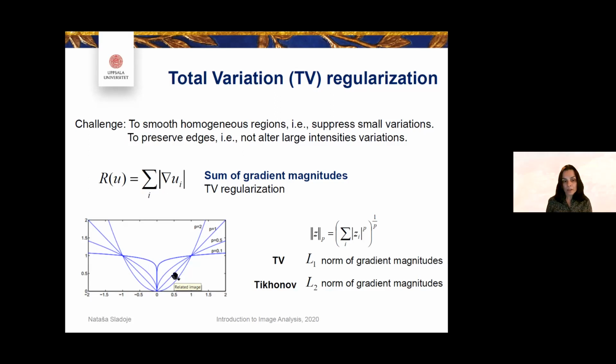And comparably, high values, which correspond to my edges, will not additionally grow and will not be as suppressed as they are with Tikhonov regularization, which means that I have better chances to preserve them. So that is some intuition behind using TV instead of Tikhonov regularization for better noise suppression while preserving edges.